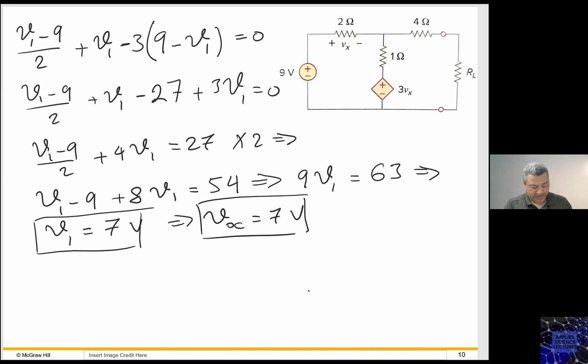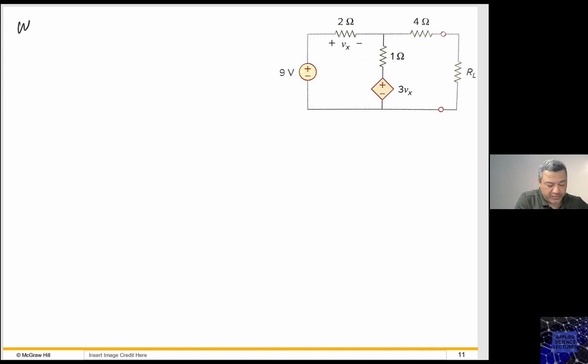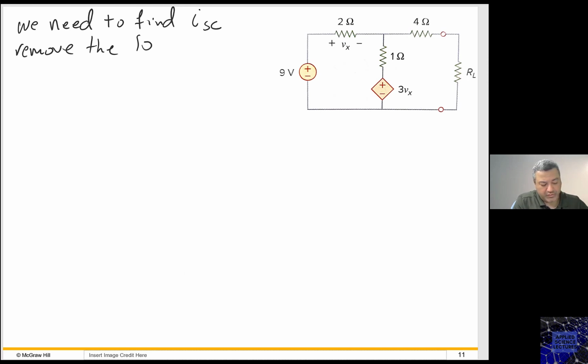Okay, so let's go to this slide, and now we need to remove this load and put a short circuit. So I need I short circuit. Remove the load and put a wire instead.